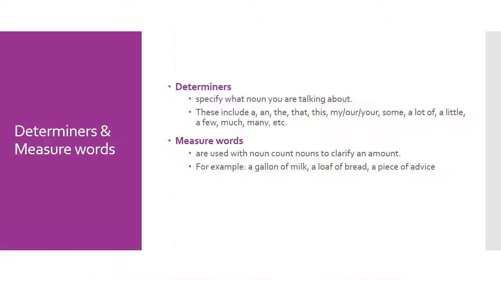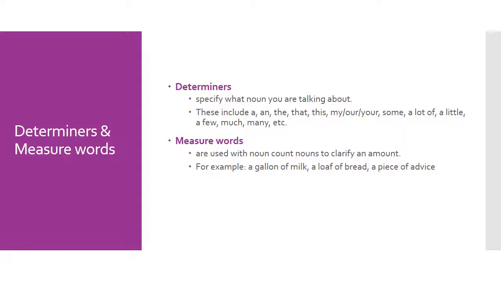So, when we have a noun, we often use determiners and measure words when we're specifying the noun that we're talking about. Determiners can be used with either non-count or count nouns, and measure words are usually used with non-count.